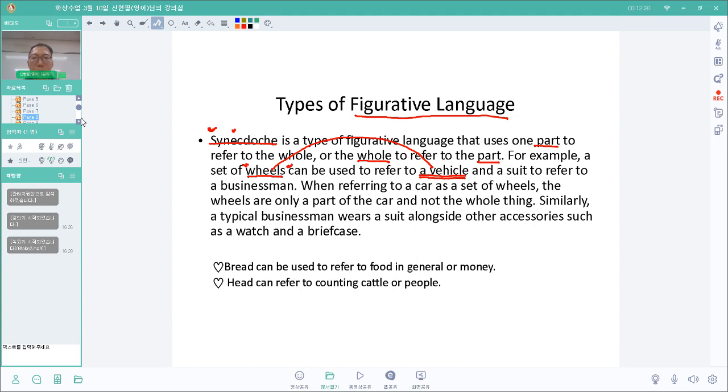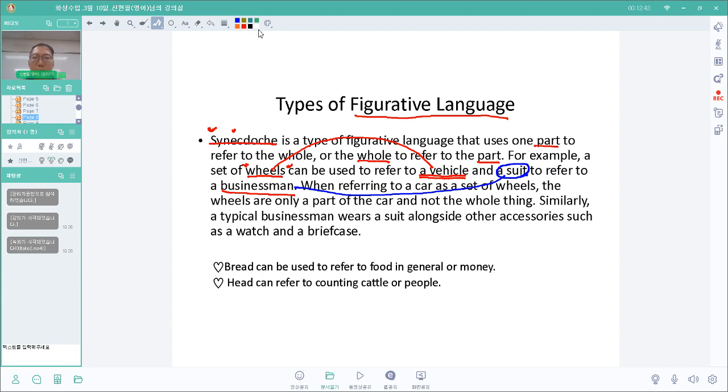Another example is a businessman. So instead of saying, oh, I saw one businessman, you can say, I saw one suit. Because businessmen always wear suits all the time. So this suit can represent entire businessman. Okay?